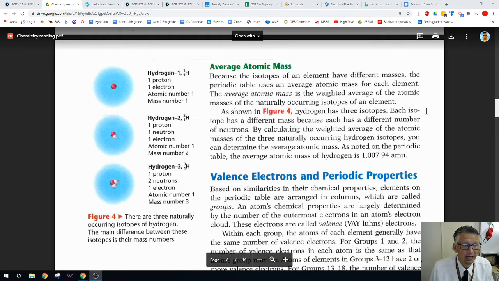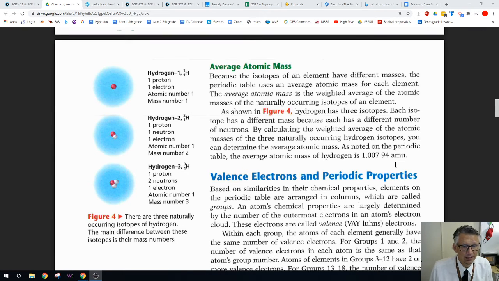Each isotope has a different mass because each has a different number of neutrons. By calculating the weighted average of the atomic mass of the 3 naturally occurring hydrogen isotopes, you can determine the average atomic mass. As noted on the periodic table, the average atomic mass of hydrogen is 1.00784 AMUs, and AMU stands for atomic mass unit.